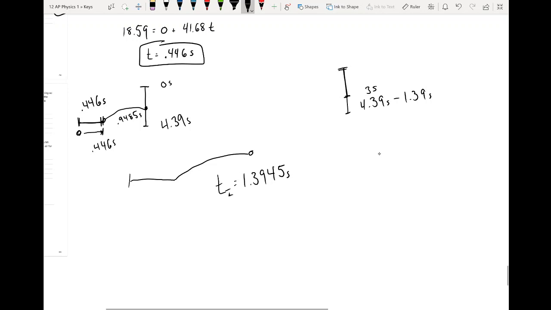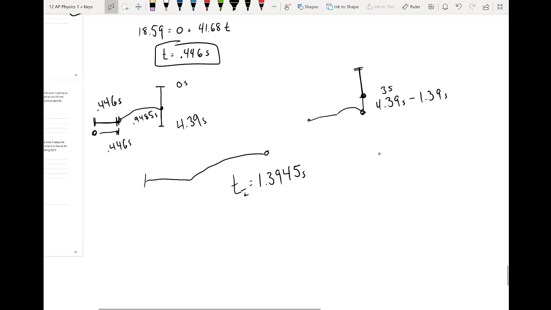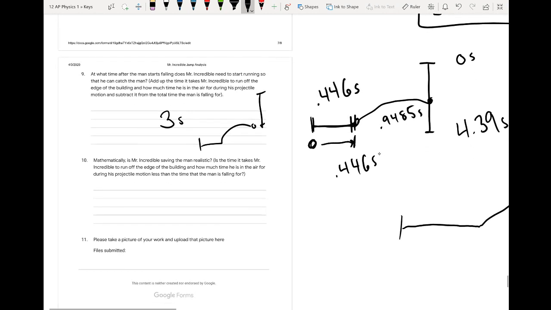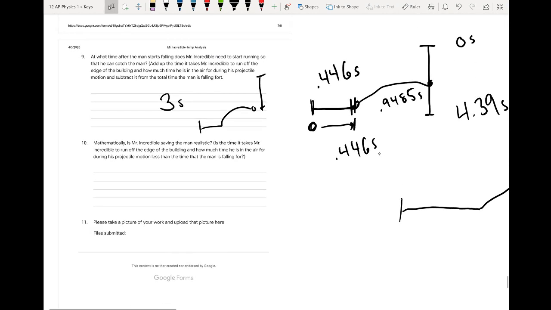At this 3-second time, Mr. Incredible needs to start his motion so they end up at the same location at the same time. So 3 seconds after this initial jump, he needs to start his whole thing, and then he will be able to catch him.